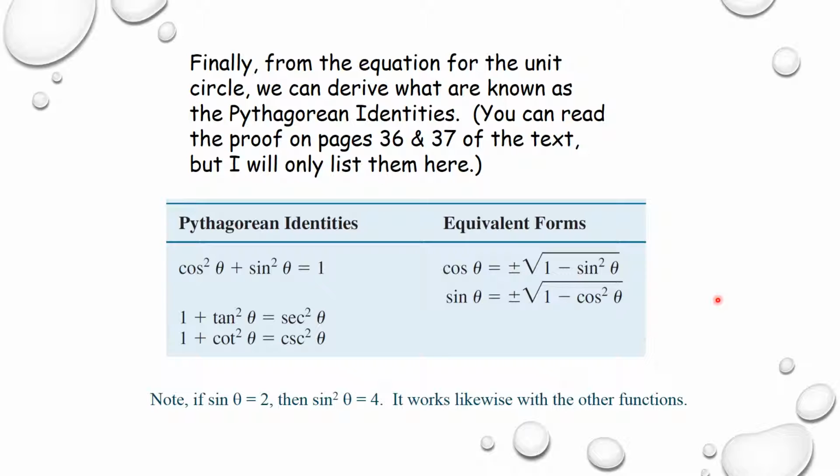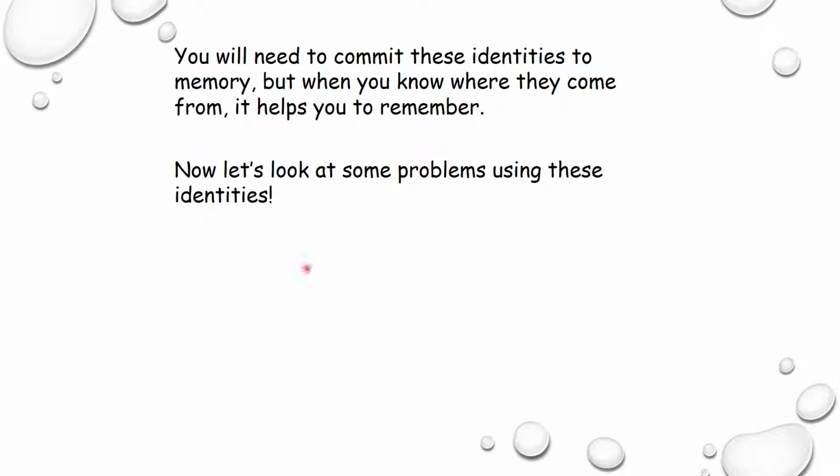The other thing to note is this expression sine squared means I just square whatever the value was for sine. So if sine is 2, then sine squared is going to be 4. Same with the other functions. You do want to commit these to memory, but if you know where it comes from, it really helps you to remember.